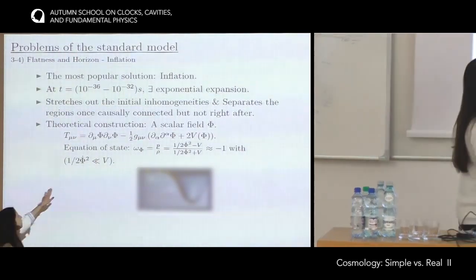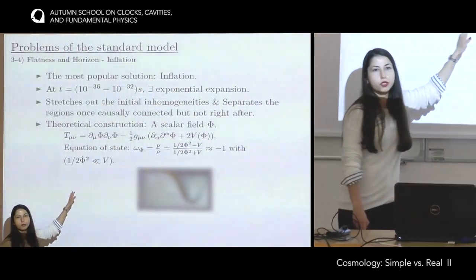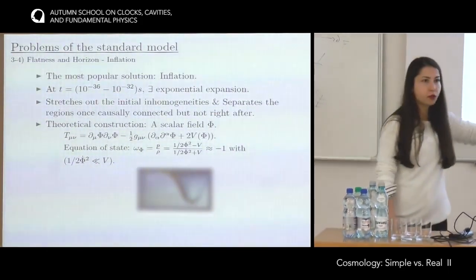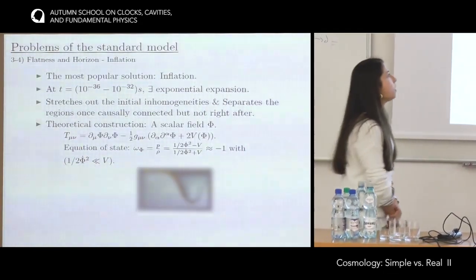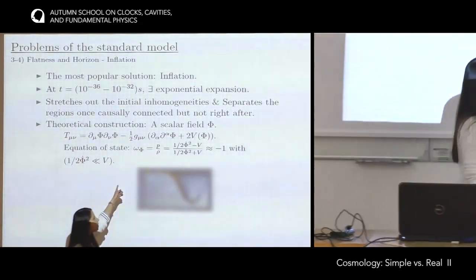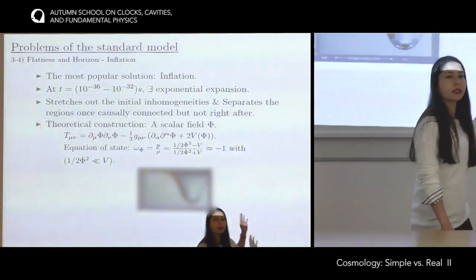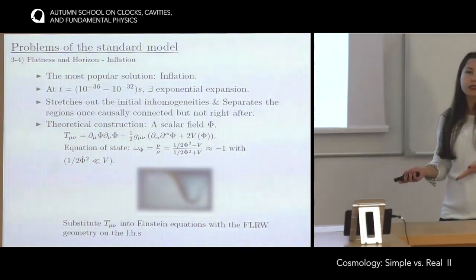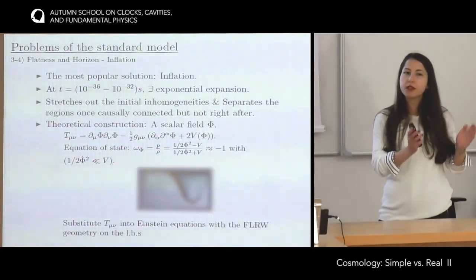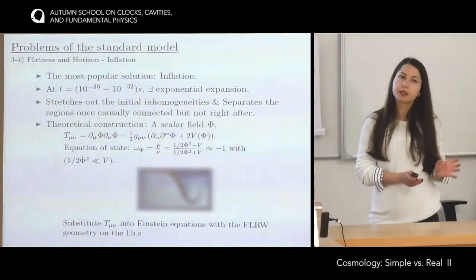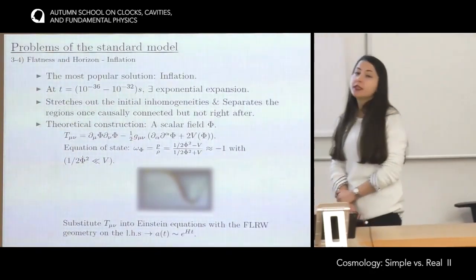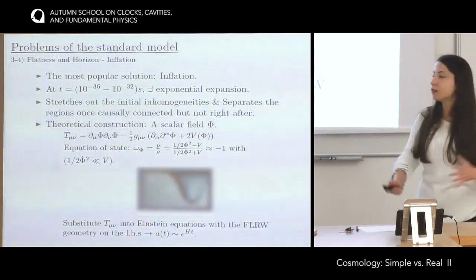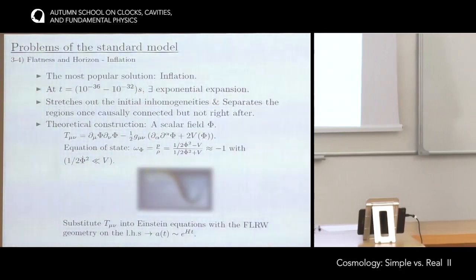If your potential has a slow roll, meaning initially it has a plateau and then it slowly rolls down to a lower value, then this omega in the equation of state roughly becomes -1. When you plug this into the Einstein equation with the simple FLRW solution on the left-hand side, you get an exponential expansion for your scale factor. So the universe expands in this very short amount of time.